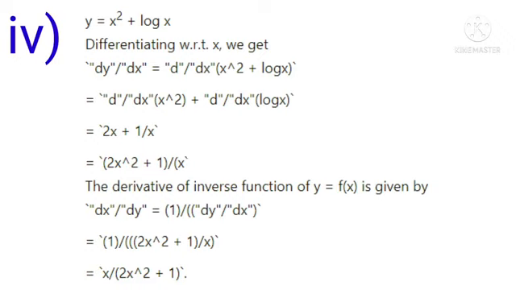What is the derivative of x square? 2x. And what is the derivative of log x? The derivative of log x is 1 upon x. So we get 2x plus 1 upon x.